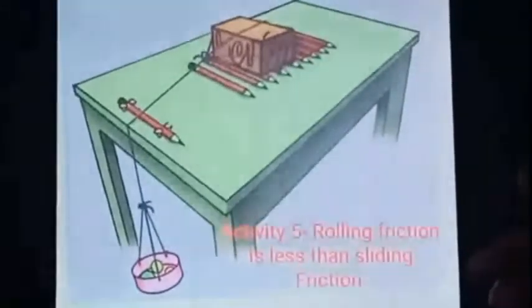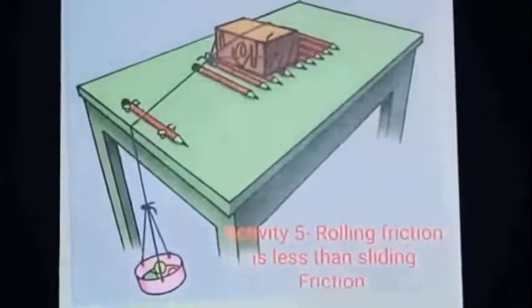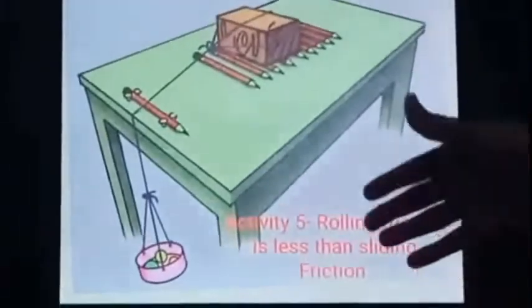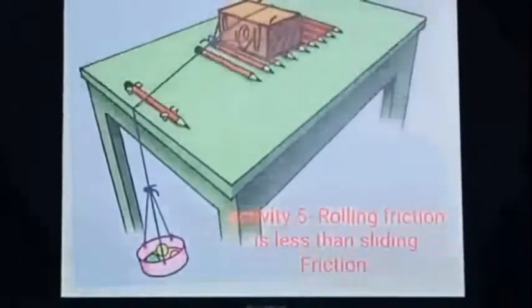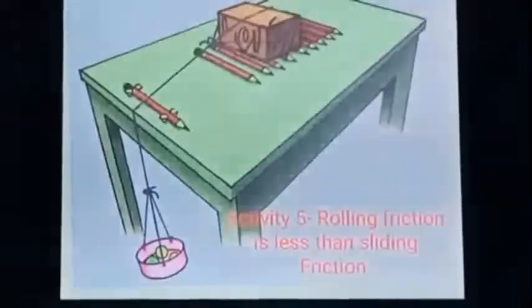This shows that rolling friction is less than the sliding friction, or we can convert the sliding friction into rolling by placing a round object below the object we carry from one place to another.